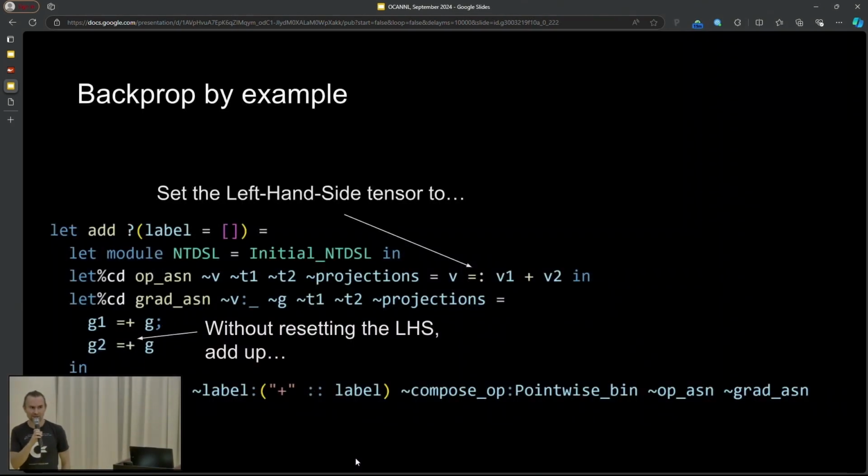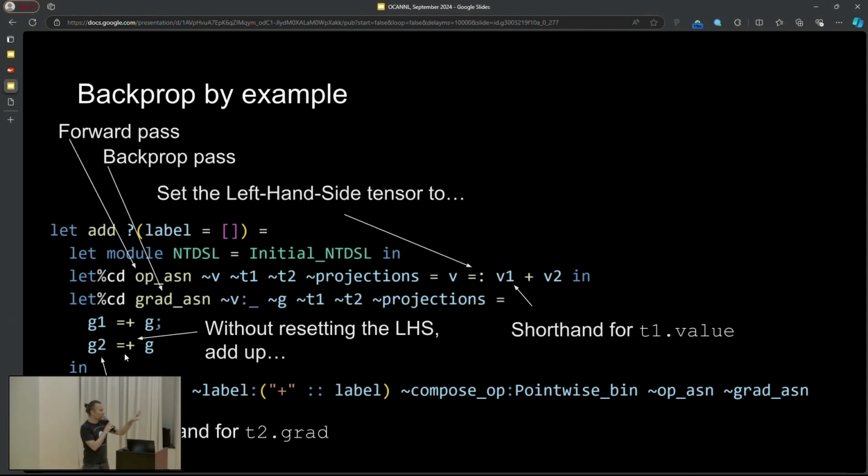And so now, how will we express tensor operations in OCANNL? We need to provide the forward and the backward code. But first, there are notational shorthands: this is for the proper assignment, and this is a shorthand for accumulating assignment.